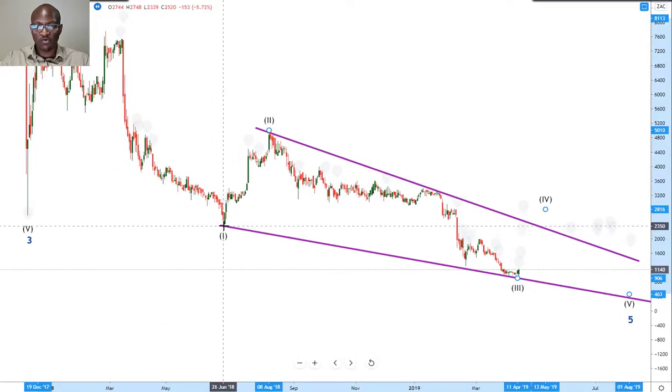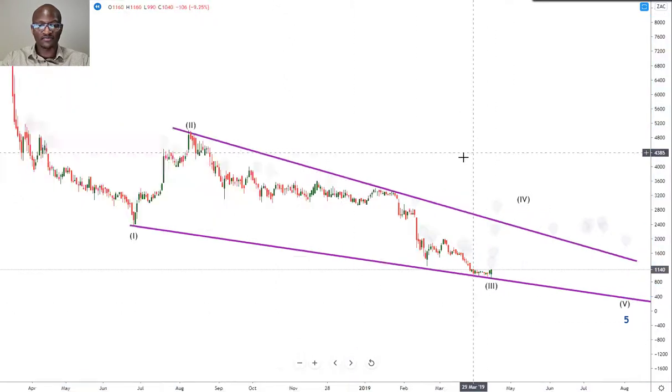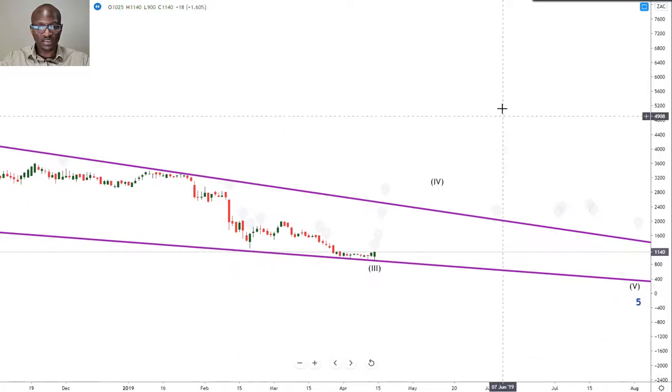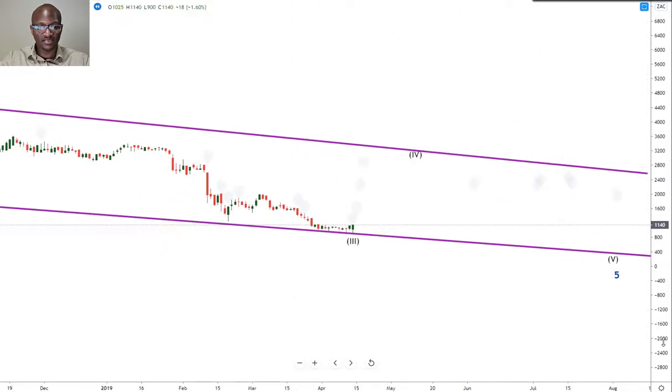Okay, so we have wave 1, we have wave 2, we have wave 3. Now we are building for wave 4 within the ending diagonal.